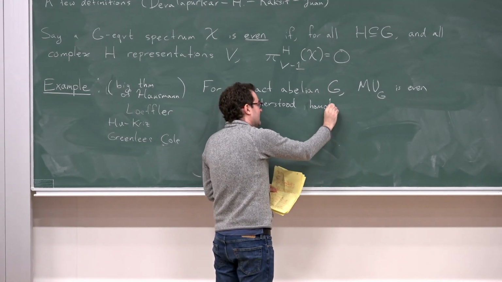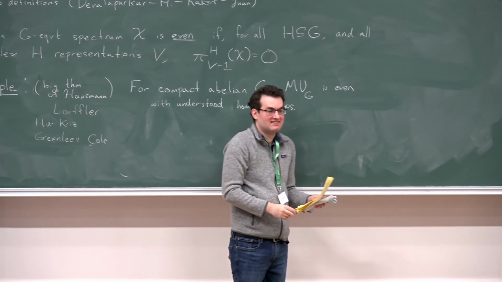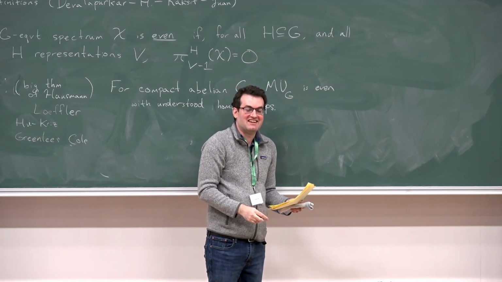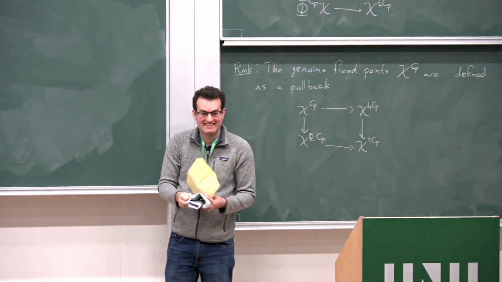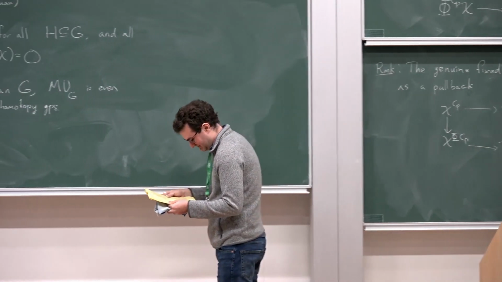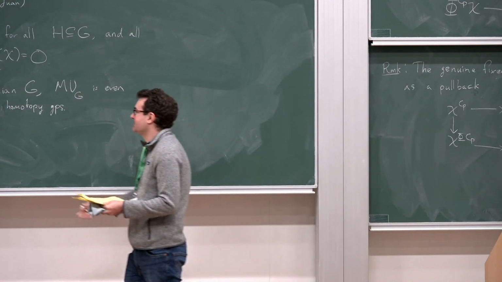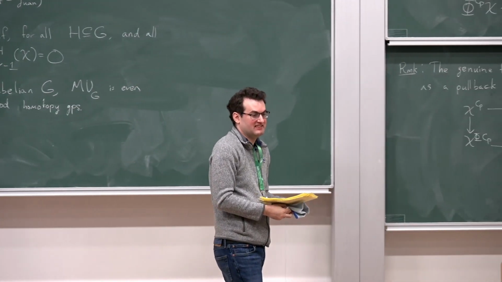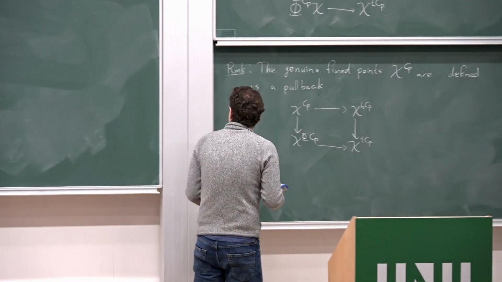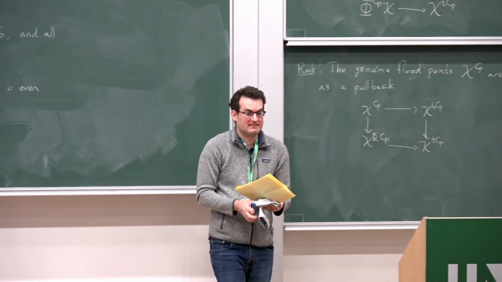All right. So there's some notion of what it means to be equivariantly even in genuine G equivariant homotopy theory, which I'm going to attach to complex representations, not real representations.